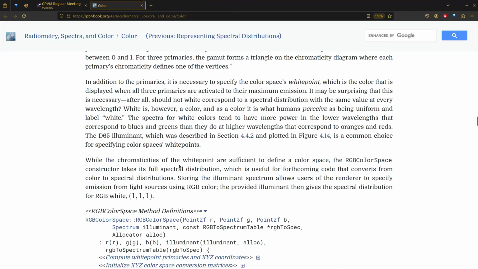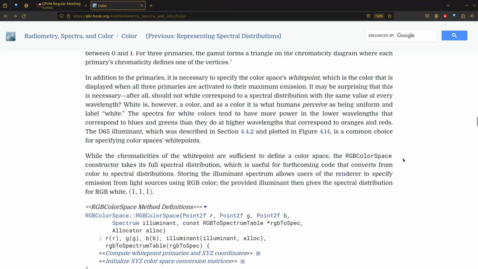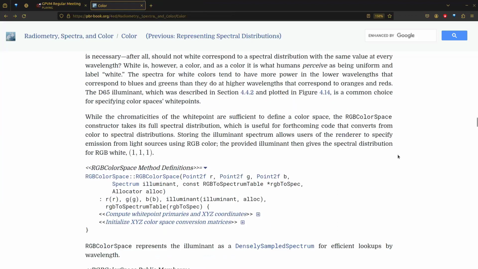While chromaticities and white point are sufficient to define a color space, the RGB color space constructor takes a full spectral distribution, which is useful for forthcoming code that converts from color to spectral distributions. Storing the illuminant spectrum allows users of the renderer to specify emission from light sources using RGB color. The provided illuminant then gives the spectral distribution for RGB white.